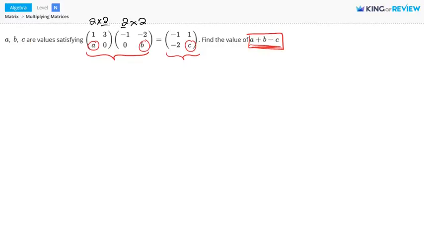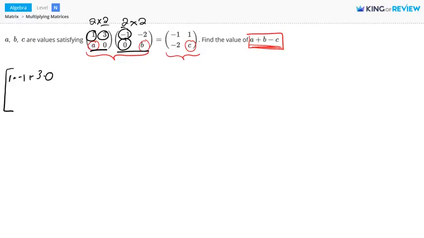When you multiply, you need to multiply corresponding entries in the first row of the first matrix times the entries in the first column of the second matrix, and then add these two products together. So let's set up the math for each of these entries. Our first entry is going to be 1 times negative 1 plus 3 times 0.